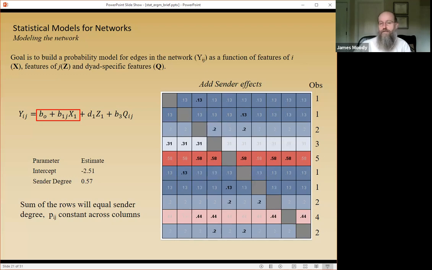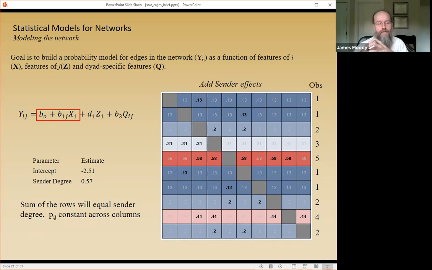Whereas this node sends 5 ties. Given that there are 9 alters they could send to, slightly over half are filled. And so the probability of seeing a tie in this row is necessarily higher than seeing a tie in this row. That's the idea behind a sender effect in the network.